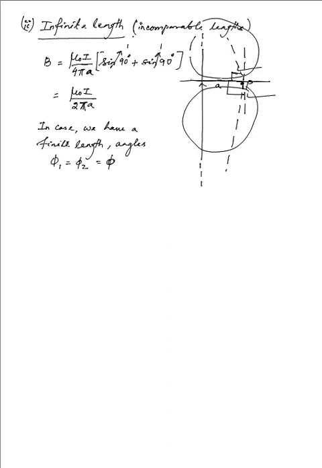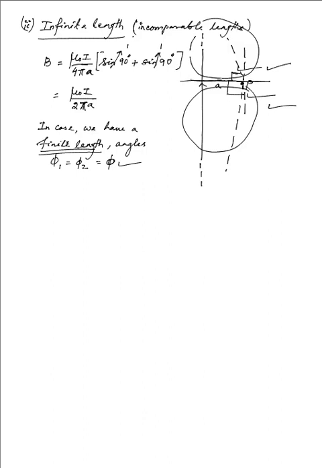In this case, the angle phi is equal to 90 degrees. Phi 1 is equal to phi 2 in this case as well. But for a finite length, if those angles are equal, let those angles be equal to phi, a common angle, because they are along the perpendicular bisector, so the angles must be same.